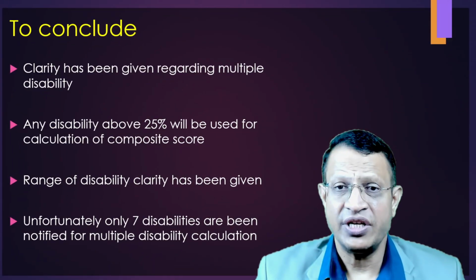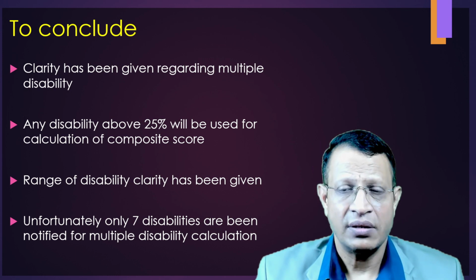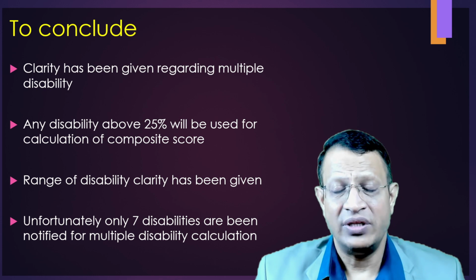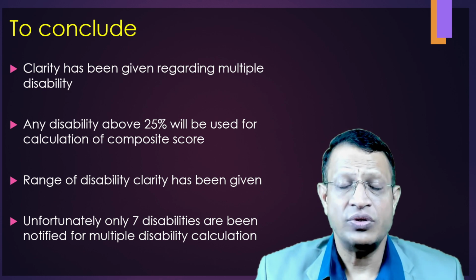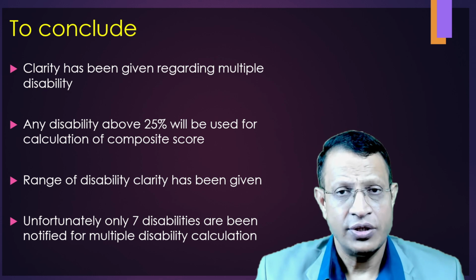To conclude, my dear friends, this Gazette notification gives clarity with regard to multiple disability assessment, and it clearly says any disability of 25% and above will be utilized for multiple disability assessment to calculate the total composite score.